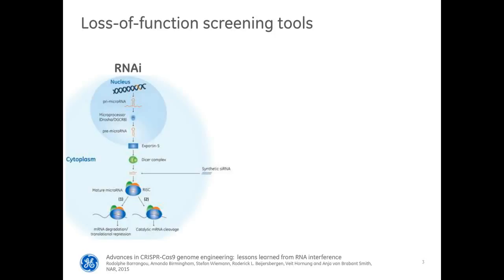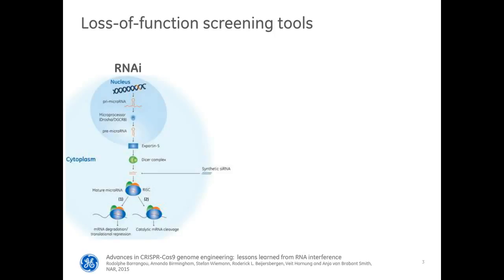Now, most of the time when you think about loss-of-function screens where we knock down or decrease a gene's expression to uncover its function, our minds tend to go to RNAi screens. The use of arrayed siRNA or pooled shRNA reagents to carry this out has become really very mainstream over the past 10 years.